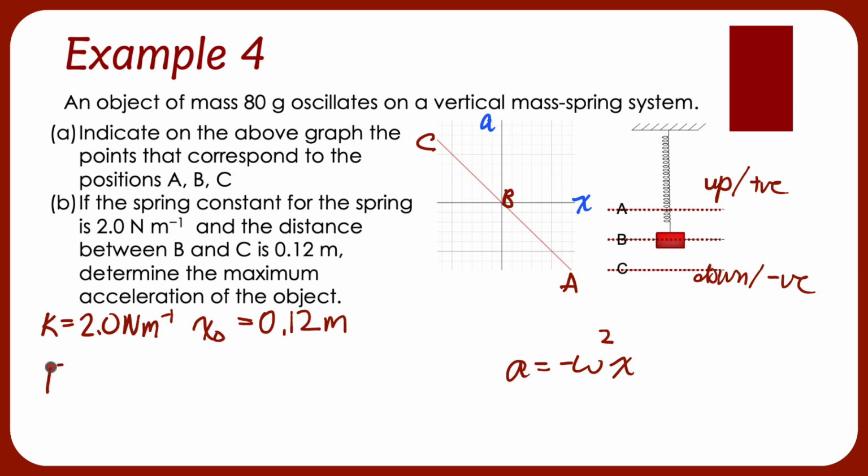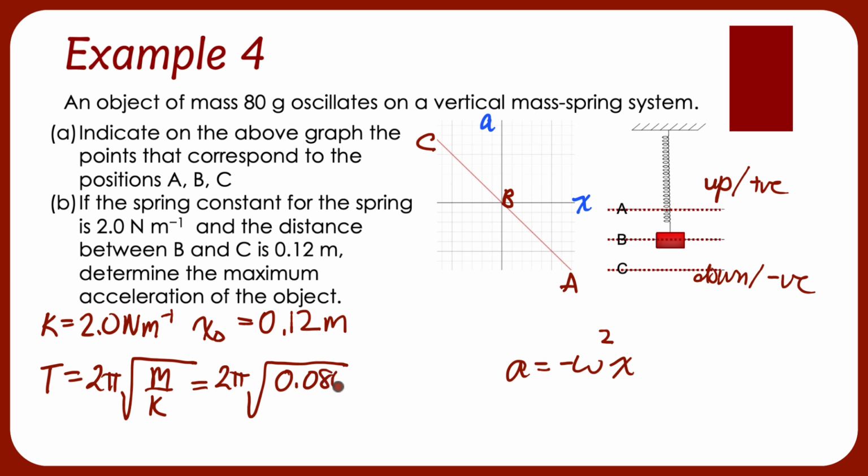So for a mass spring system, we know we have this equation, 2 pi root the mass over the spring constant. If I put my values in, I'm going to put my mass in kilograms because this is in newtons per meter. And remember, hidden inside a newton is a kilogram. Picking up my handy dandy calculator, I get the value of 1.26.